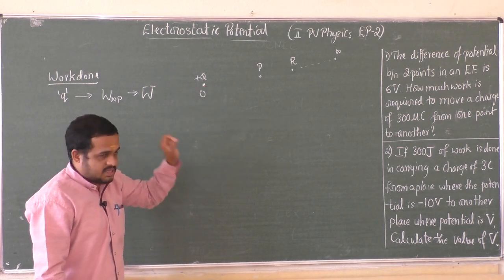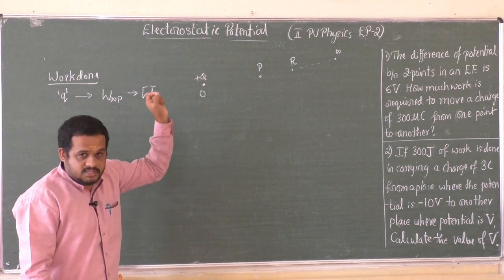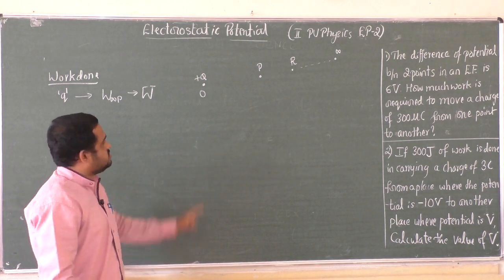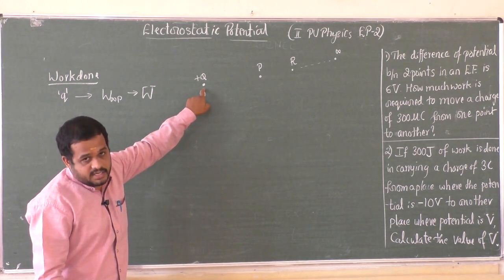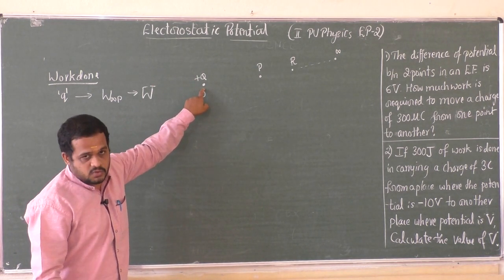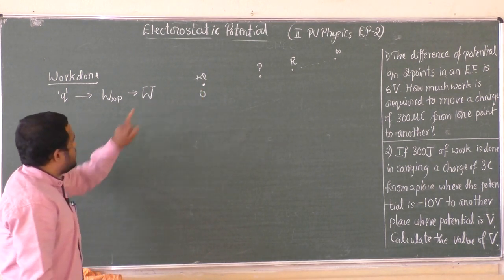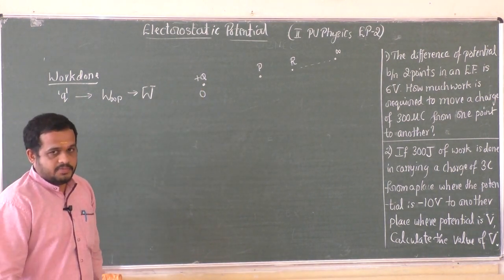That means in this case work is done by the external force against the electrostatic force exerted by the source charge. So now W represents the amount of work done.